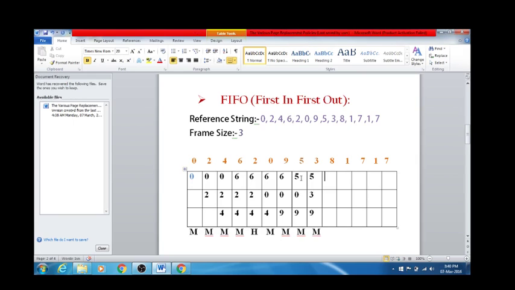The next number which enters is 8, so I need to make space for 8. This is how I do it. This accounts for a page miss again. The next number is 1. 1 is not already present. I'm going to replace it with 5.